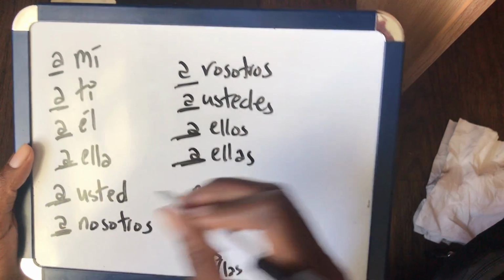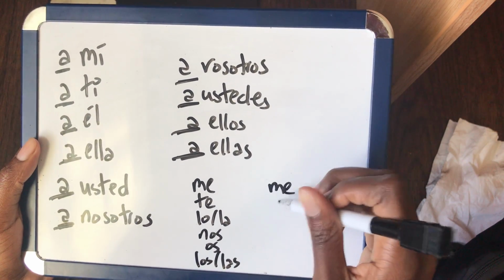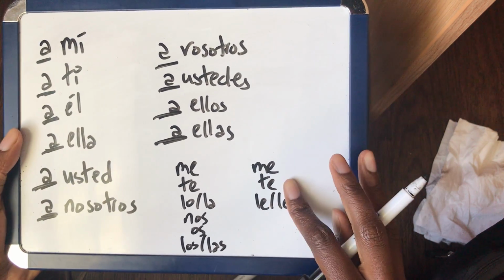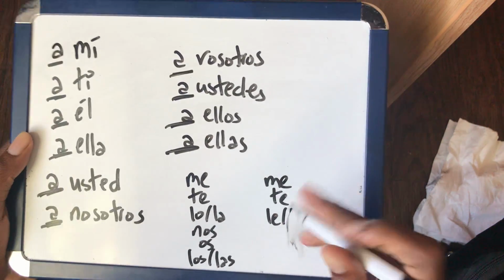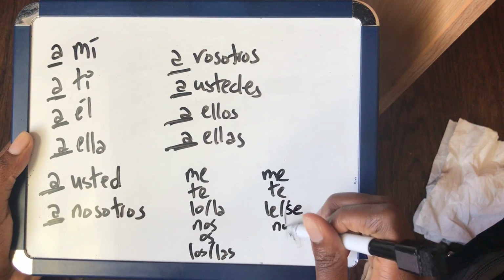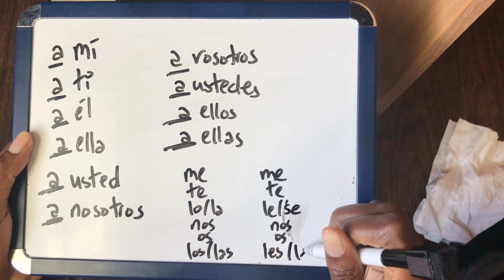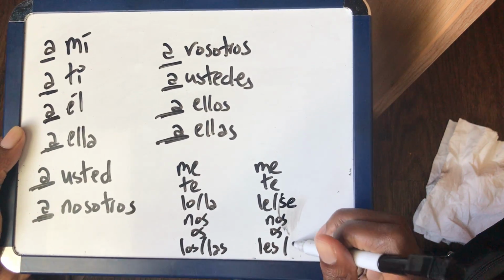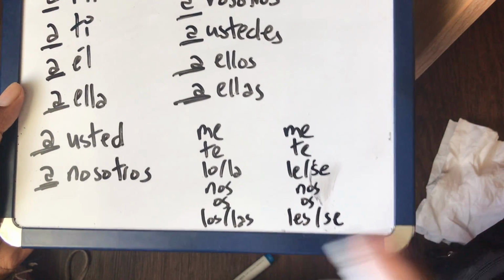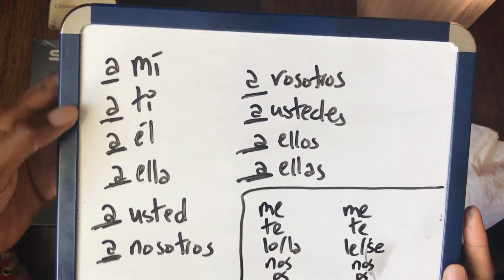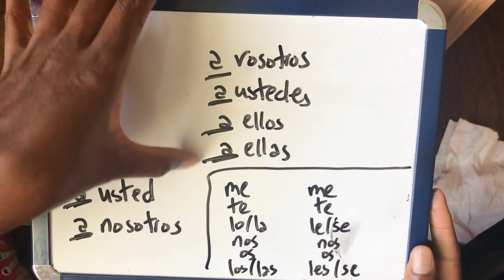Okay, anyways, when you're not using one of these, and when you're not using one of these, le, se, nos, os, les, se again, when you're not using one of these pronouns, you have to use one of these constructions.